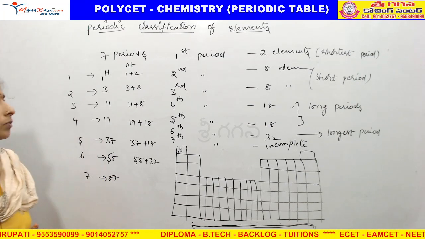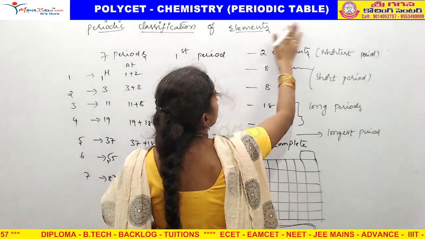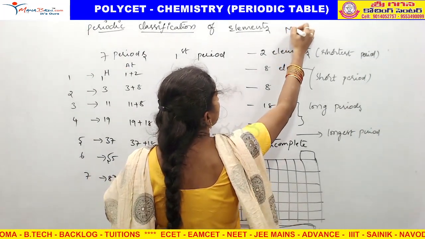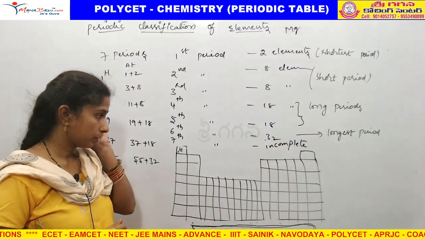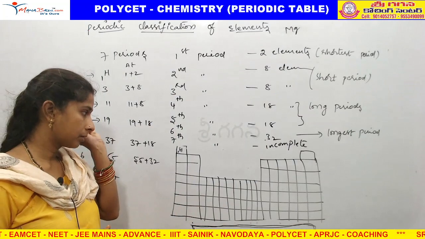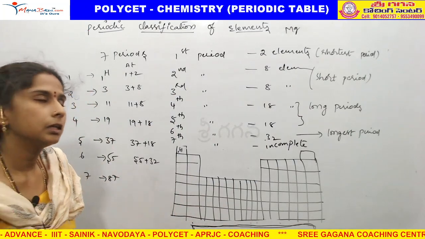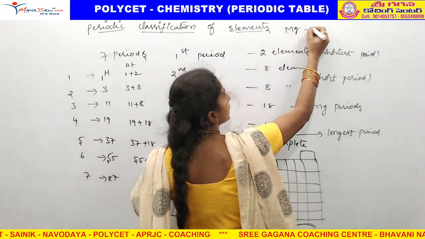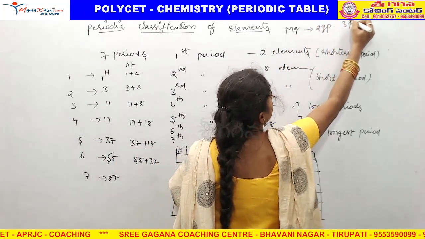They may ask the question by giving sodium. Sodium you already calculated. Magnesium is present in the second group and third period.